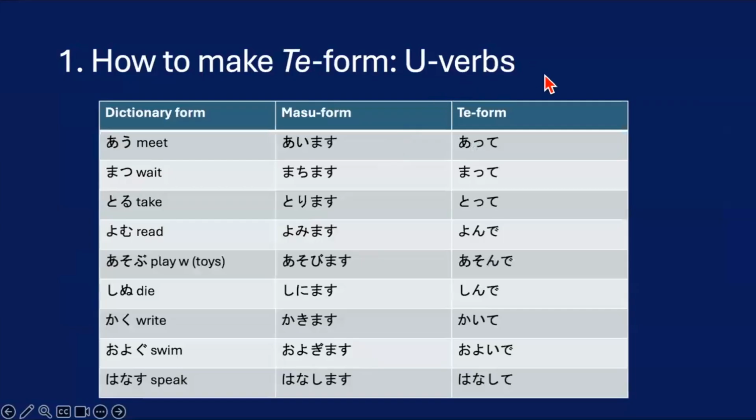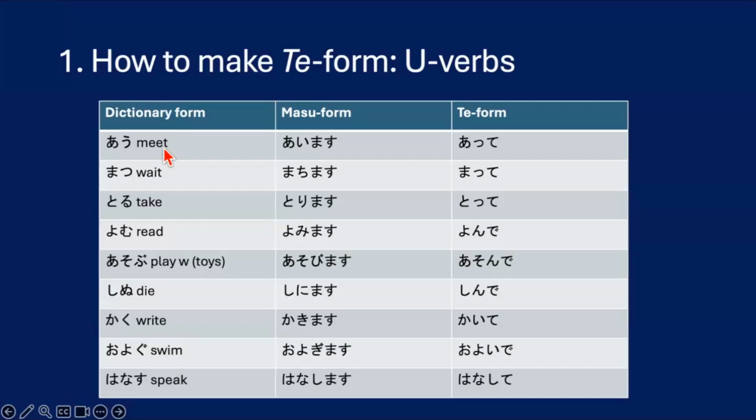All right, so this is a list of all the things that we just went over. So I also wrote masu form. And if you know masu form, sometimes you can figure things out. But okay, so this is a list.